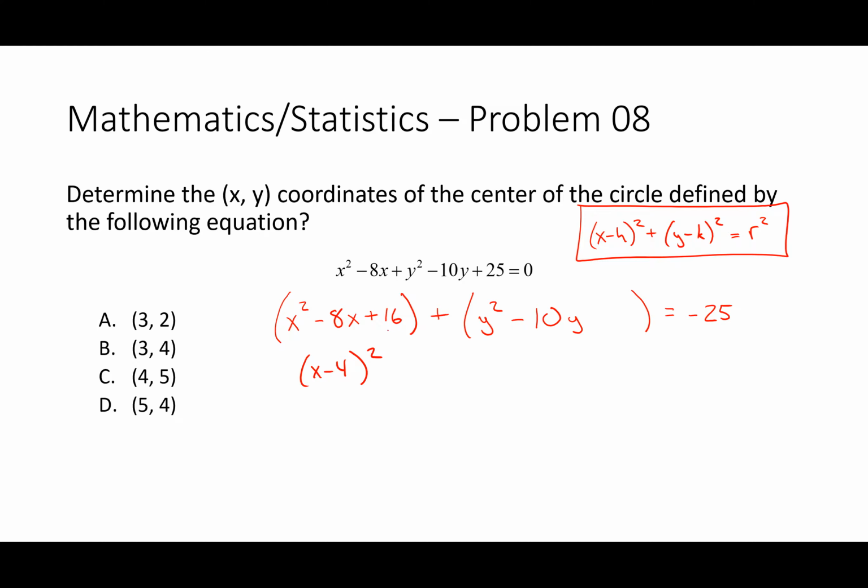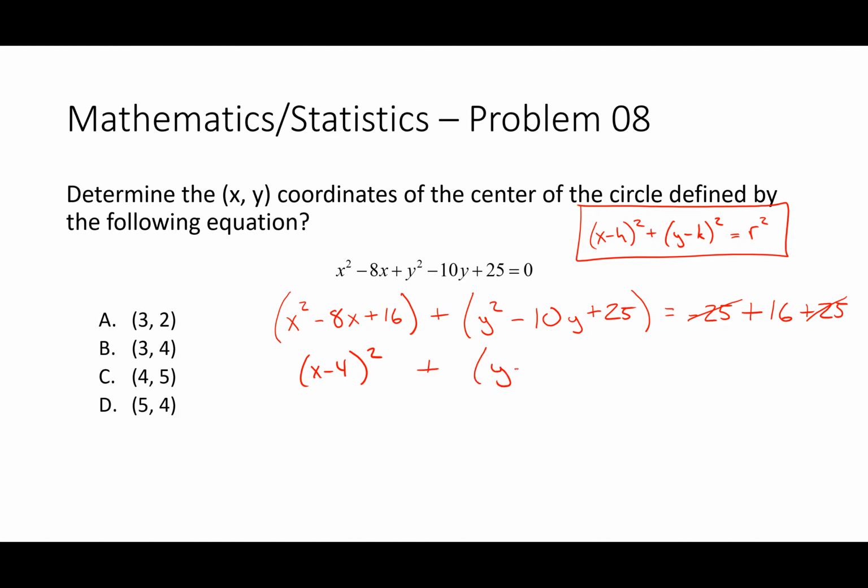But here's the thing. If I add 16 on one side of the equation, I have to add 16 to the other. Okay, same thing over here. What about the y squared minus 10y? We'll take the minus 10 divided by 2, minus 5, square that, 25, plus 25. Add 25 to both sides of the equation. Now you can see why the 25 was kind of a wasted step, because those are going to cancel.